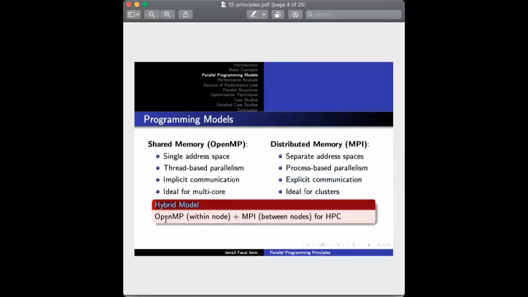That's why we need this kind of combined model. Later we will have an activity where we combine OpenMP and MPI for high performance computing. Okay, next.